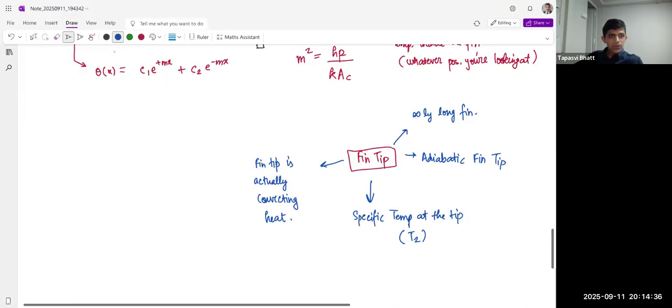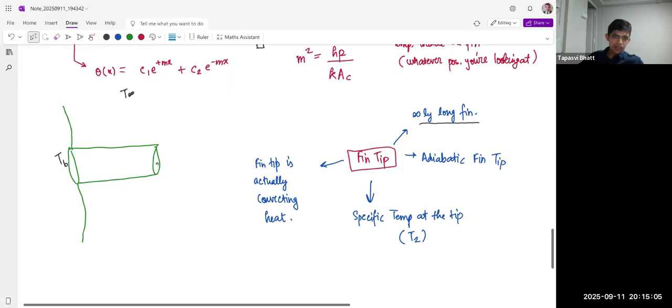Let me choose the green color. If this is the fin, this is the tip and this is the base. Now let's say we have an infinitely long fin. What's going to happen in this case? The outside temperature is T infinity, here the temperature is TB, here the temperature is T tip.